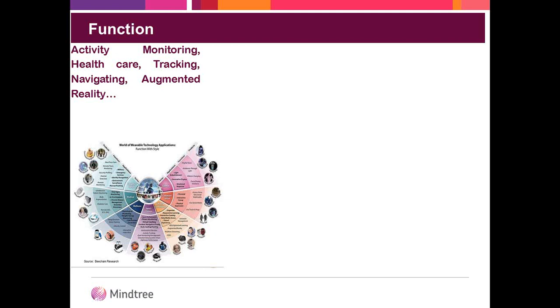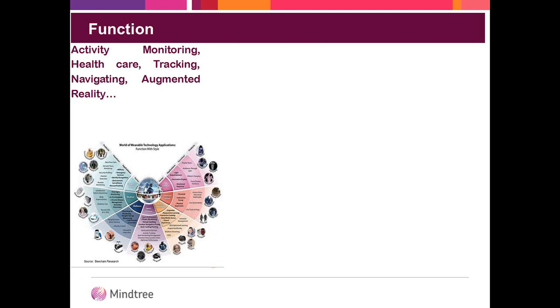So basically, if you look at today the market for wearables, there are various kinds of functions that you will see. Activity monitoring. You're a sprinter, you're a jogger, then you would want to monitor how many steps, how many runs you have made, how many kilometers have you run.